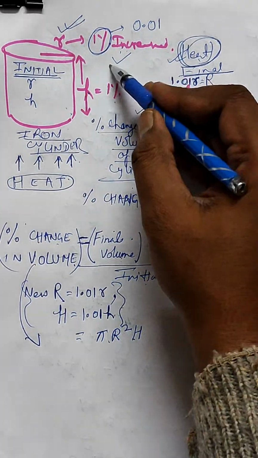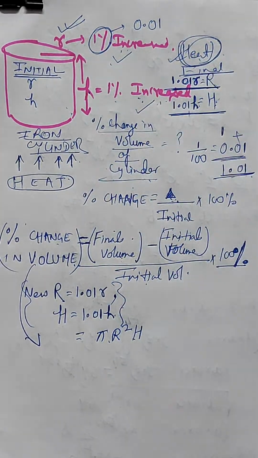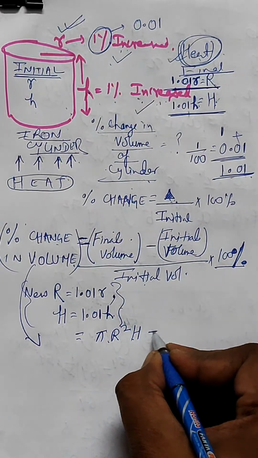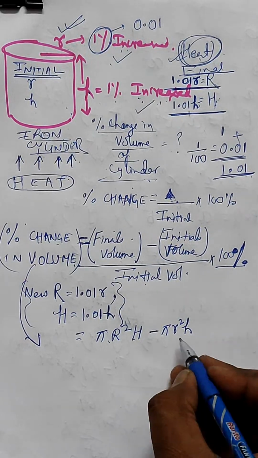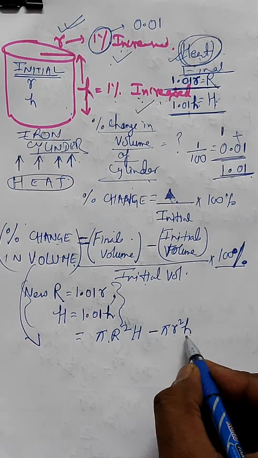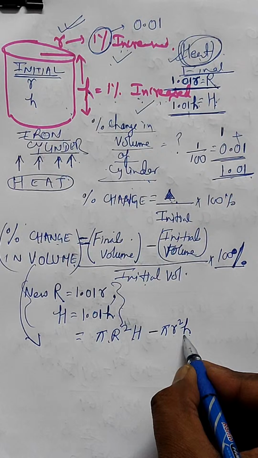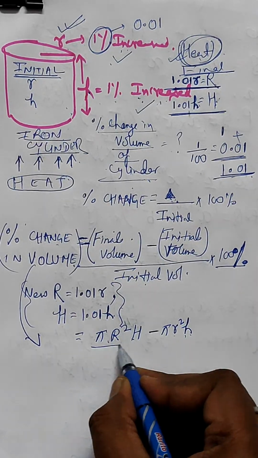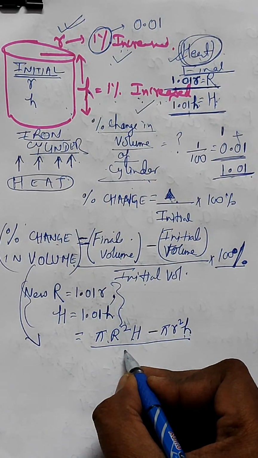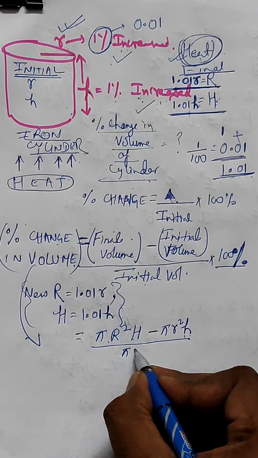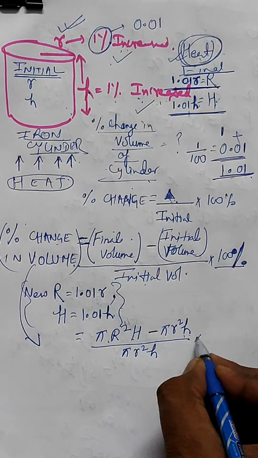This came after heating. So pi R square H minus pi r square h. This is the initial dimension of the cylinder, right? Divided by the original volume of the cylinder, that is pi r square h, into 100%.